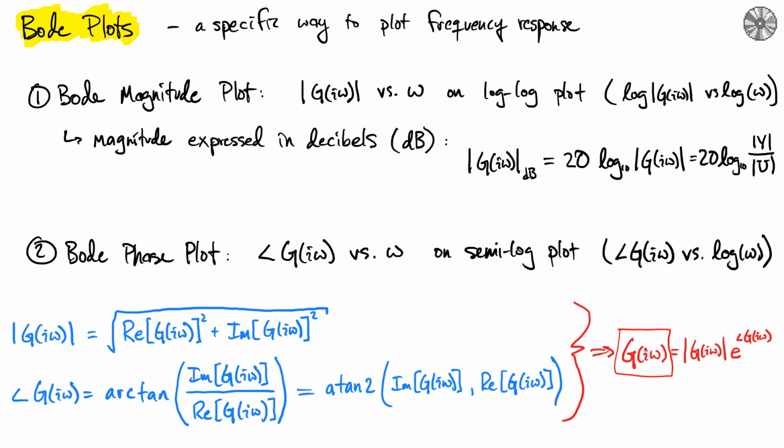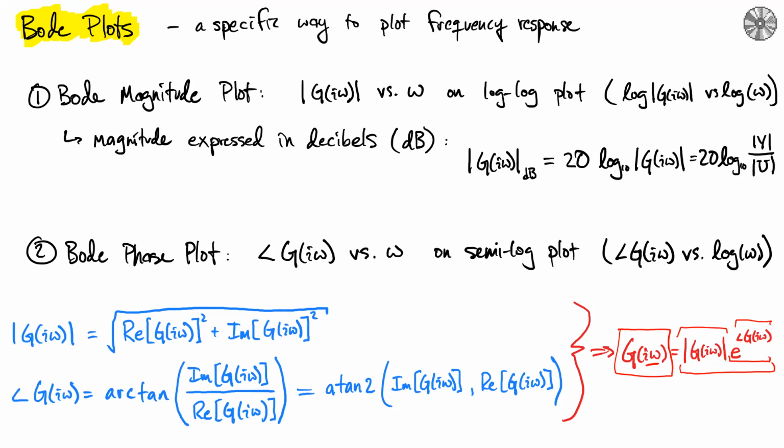And if we evaluate that only at oscillatory inputs, i omega, then we can observe what happens in the output. And what we're going to do is divide that into the magnitude part and this exponential, which is essentially driven by the angle of that complex value G of i omega.